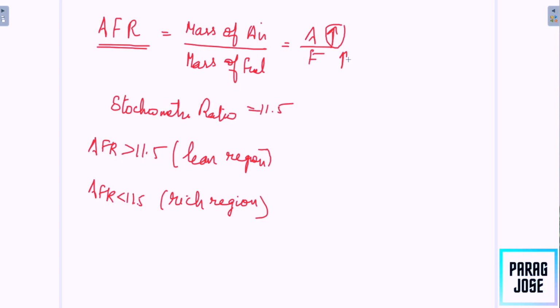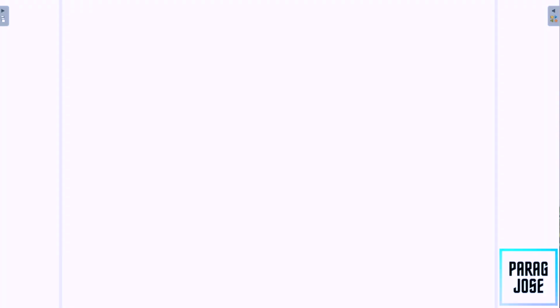But if we move on to the lean region, the AFR value is greater than 11.5, which would mean that we are moving in fifth gear or a higher gear, and we are cruising on a road where the torque requirement is less and speed is more. So it's critical that when the ECU is calculating the AFR value, it should always be within a limit. We cannot allow the AFR value to be too small or too large, because it will actually affect the life of the engine.